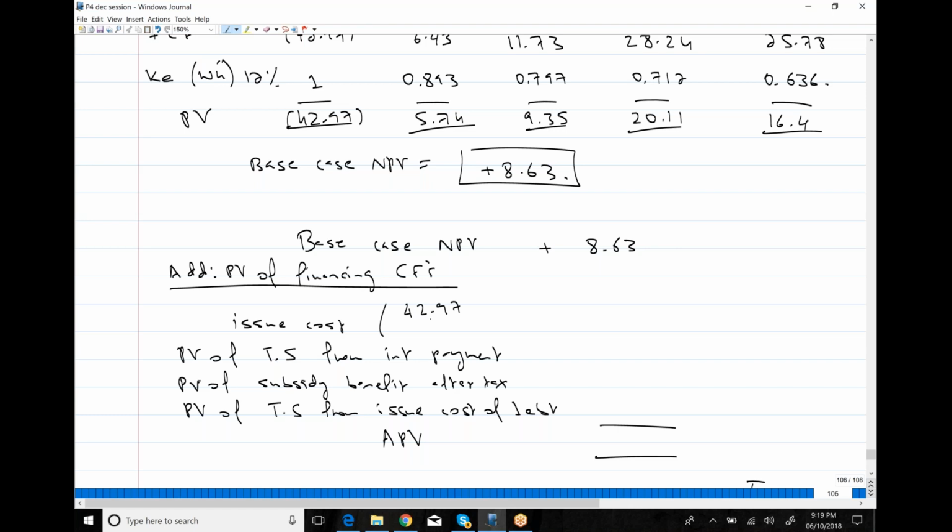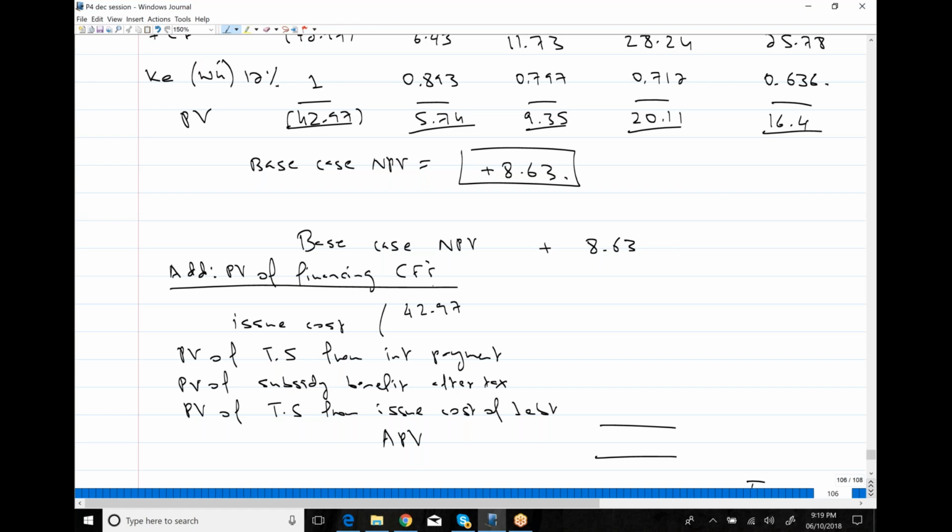No, I will raise a loan which is more than 42.97, because from that loan you will minus issue cost, and after deducting issue cost, you want to be left with 42.97.